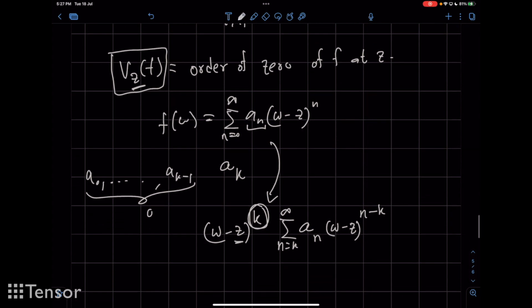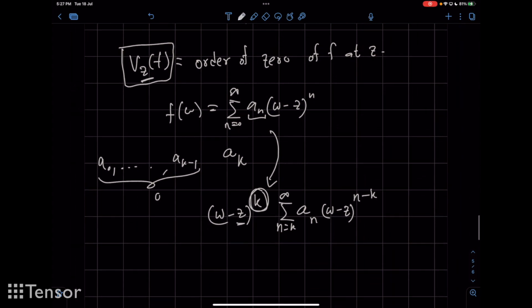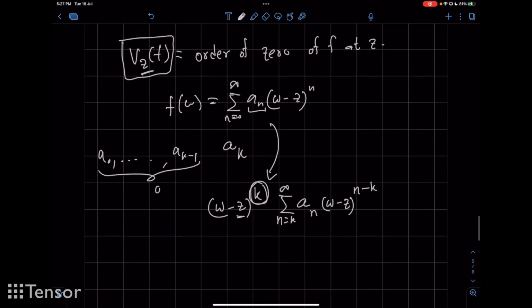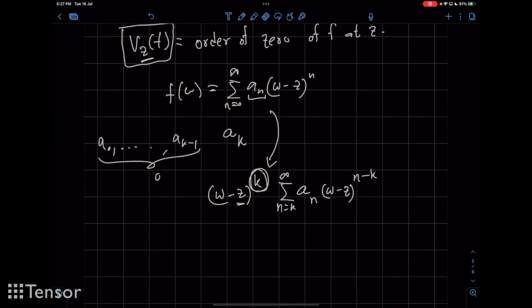And if f has a pole at z, then we no longer have a power series, rather we have a Laurent series. Then near, well, I shouldn't really say near z, because the Laurent series is defined in an annulus, right?